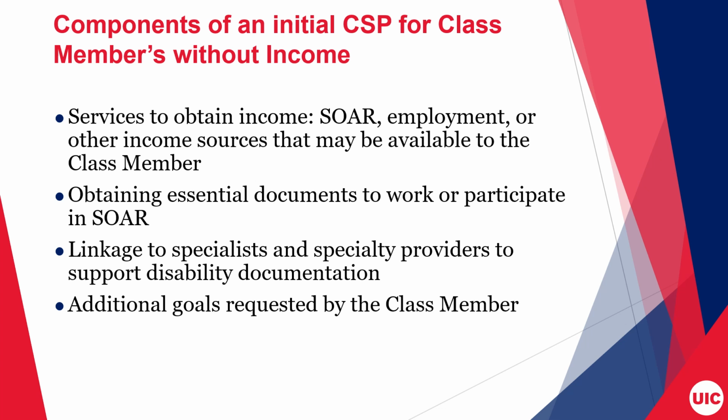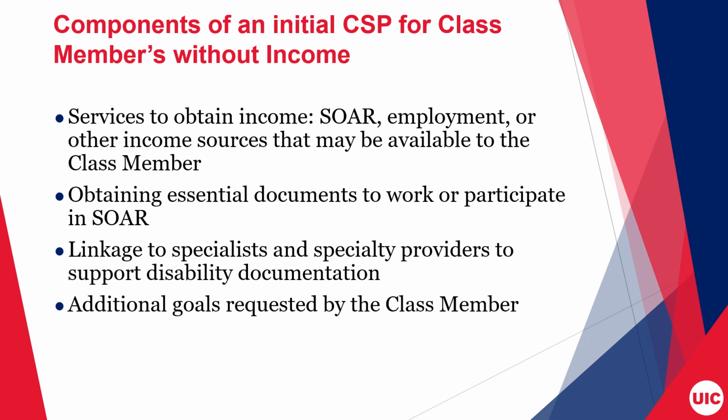Other goals include obtaining essential documents to work or participate in SOAR, and linkage to specialists and specialty providers to support disability documentation. The class member may request to work on additional goals simultaneously. Those goals should also be added to the initial no-income CSP as requested.